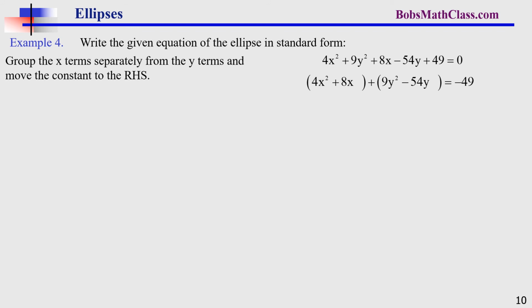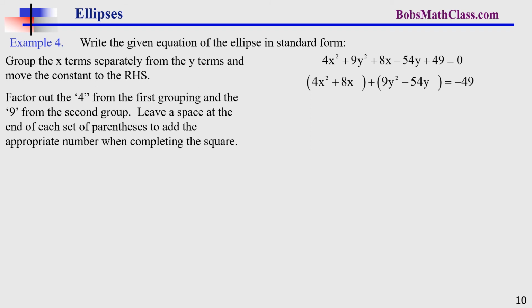Now when you do the next step, make sure you leave a space because we're going to add our own number that we want there by completing the square. Okay, so factor out a 4, that gives you x squared plus 2x plus a space. Factor out a 9, y squared minus 6y plus a space equals negative 49.